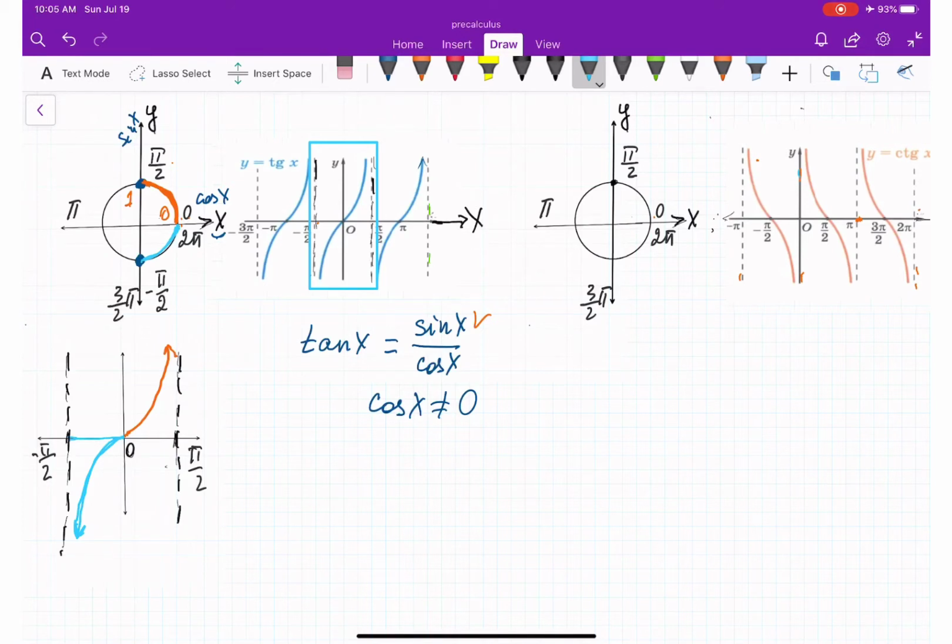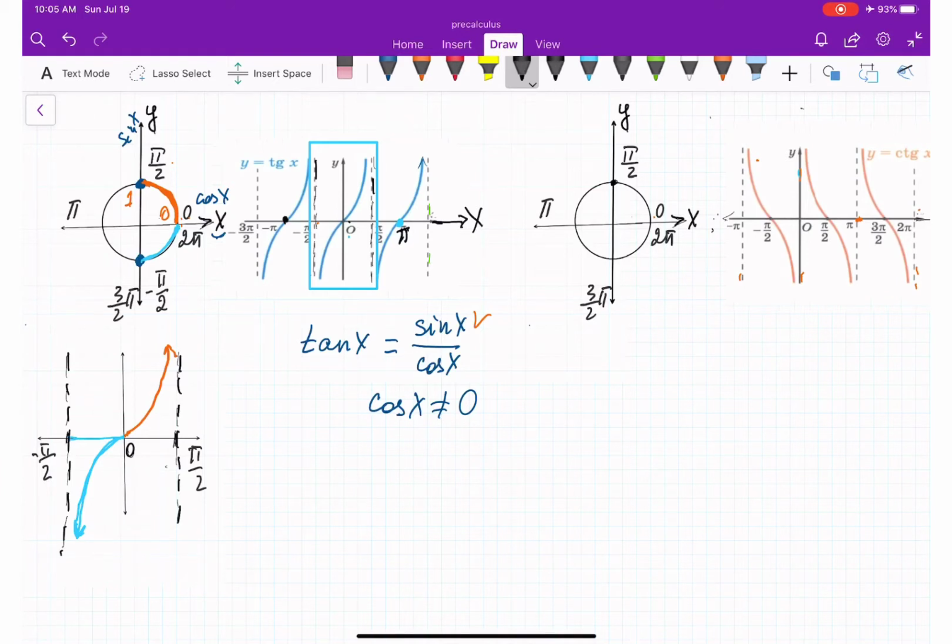It's going to repeat itself every single pi. So here it is, from 0 to this point we have pi, right? This is our pi. And then from 0 going toward the negative, we get negative half a pi, right? And so on. And you can continue by pi, which is the period. The period is 1 pi.